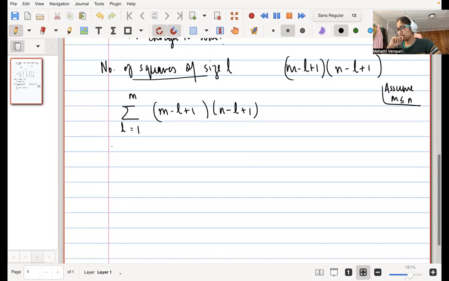Oh yeah, maybe. Worst case, if m was 10 cubed and n was 10 cubed, it would be 10 to the 6 into 1 plus 2 and so on.